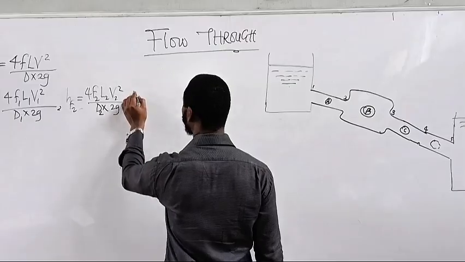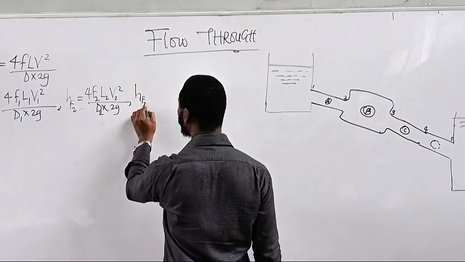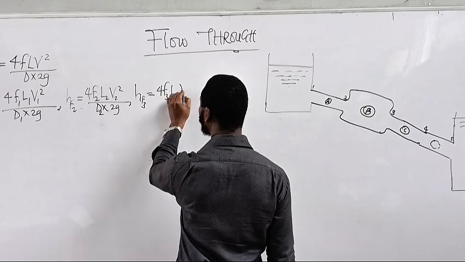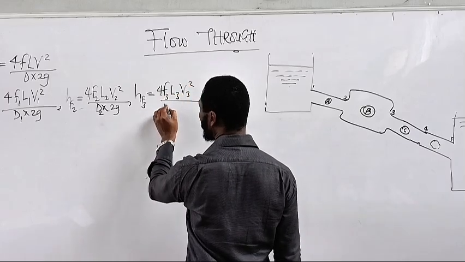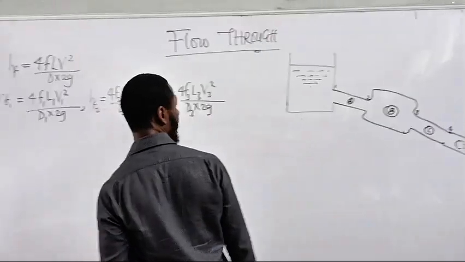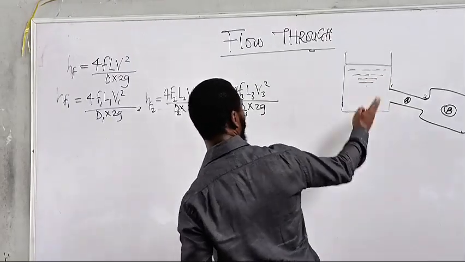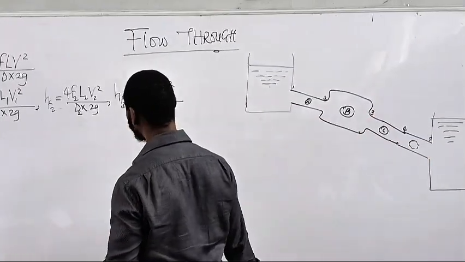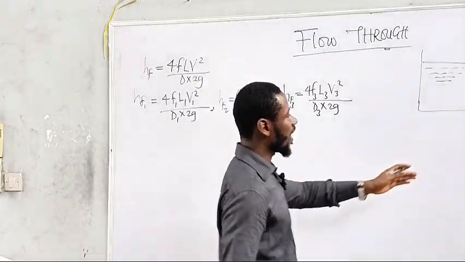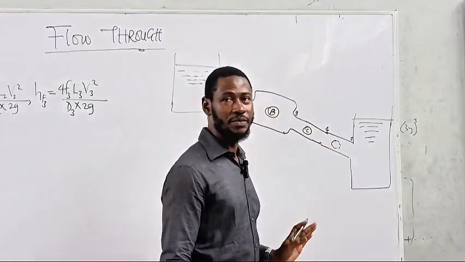For the third case, hf3 equals 4 f3 L3 V3 squared divided by D3 multiplied by 2g. This is pipe 1, pipe 2, pipe 3.